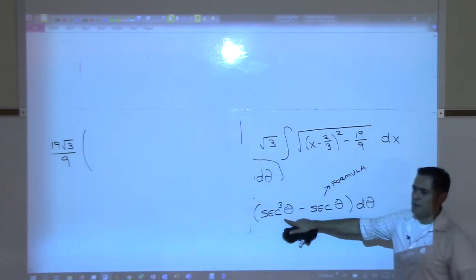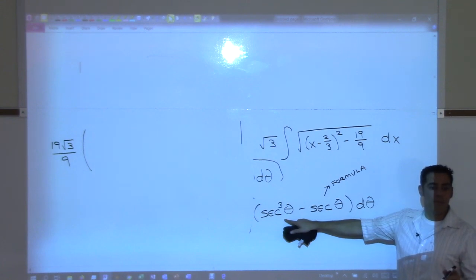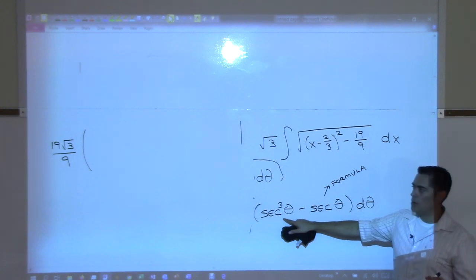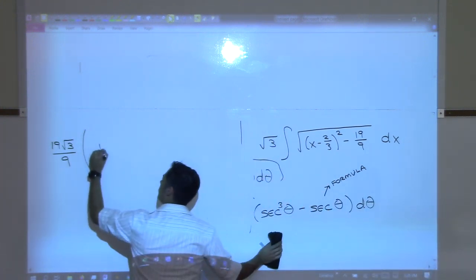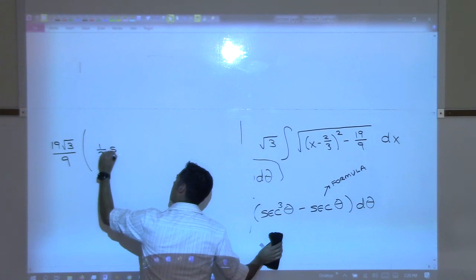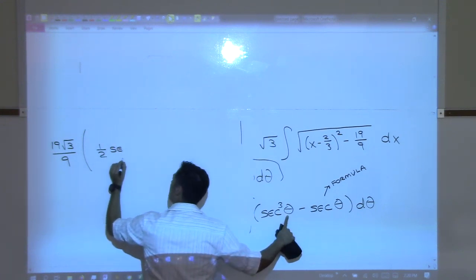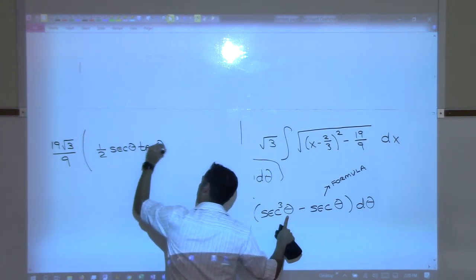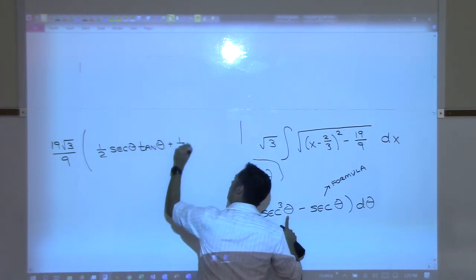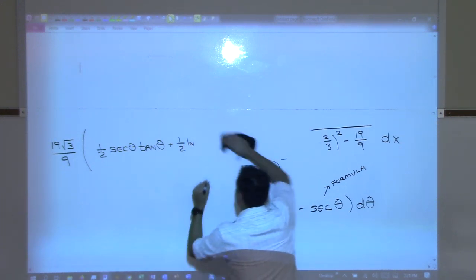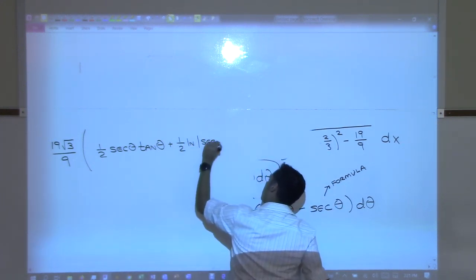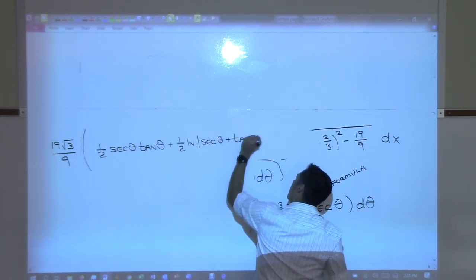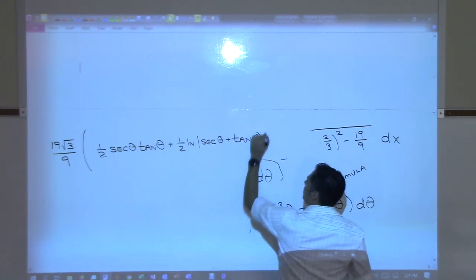The antiderivative of secant cubed is one half secant theta times tangent theta, plus one half times the natural log of secant theta plus tangent theta, and then plus C for that one.